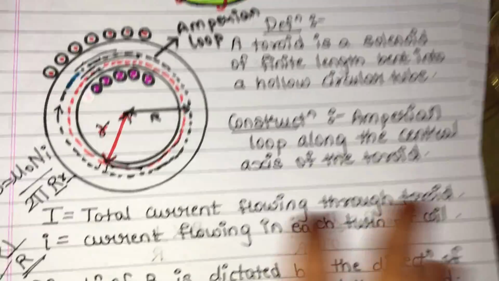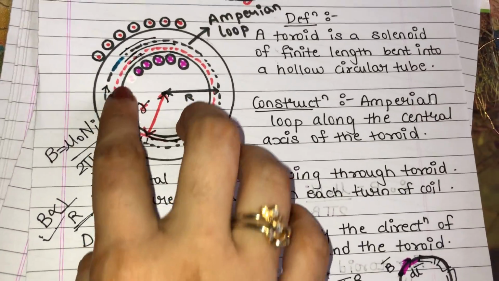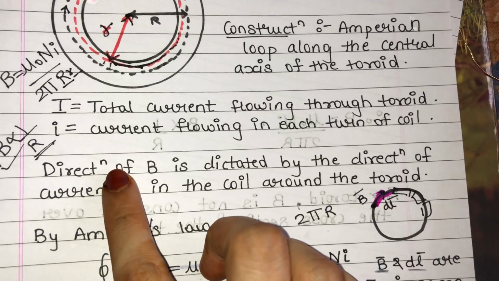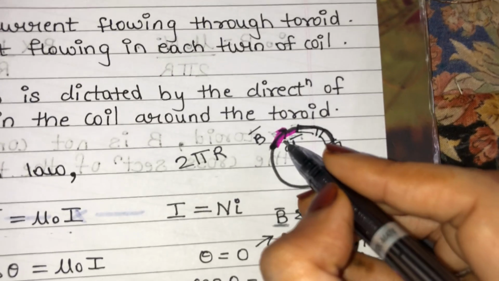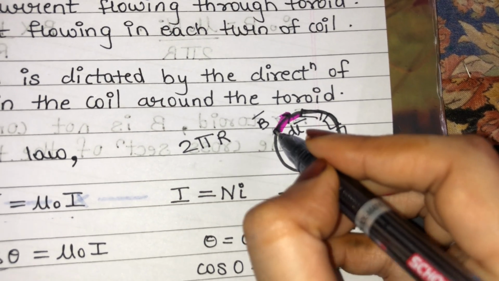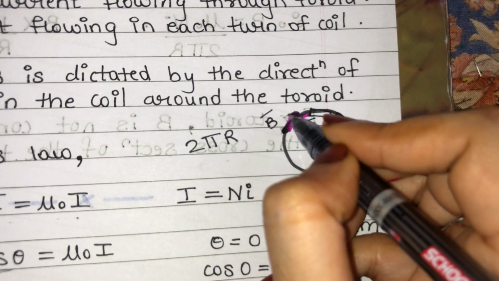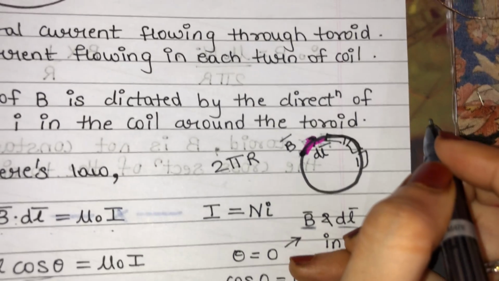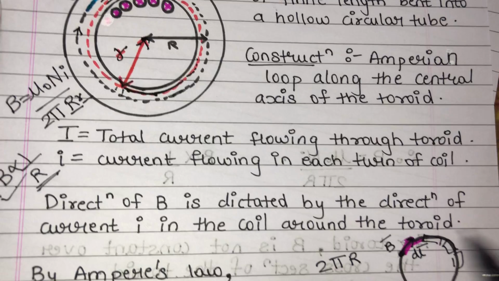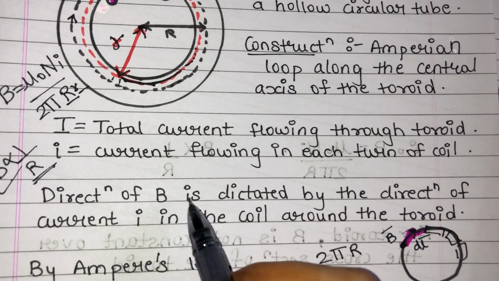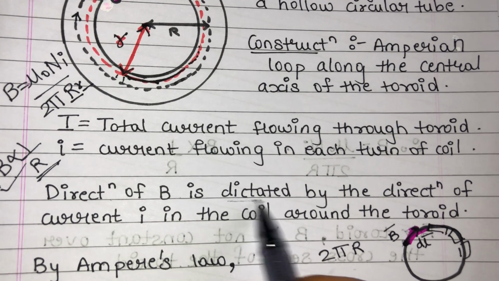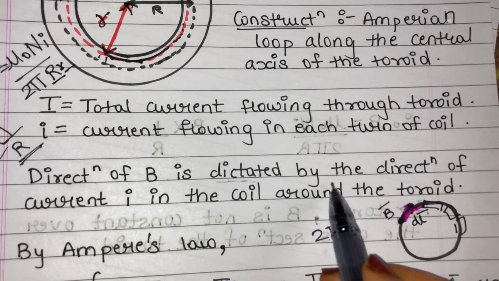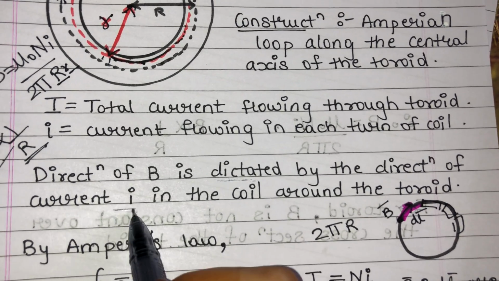Now talking about the direction of the magnetic field, I have shown you all. Also, you can say this statement is there in your textbook. Once I have explained, the direction of the magnetic field at any particular point on the circular path can be obtained by drawing a tangent at that point. Another thing you can also say is that the direction of the magnetic field can be determined by the direction of the current I in the coil around the toroid.